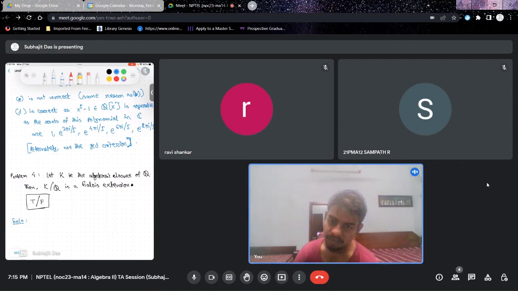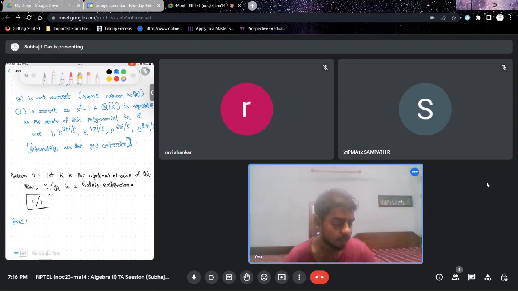Now there are various ways of defining Galois extensions. I'm sure you have seen all of them. One of the ways is to define it as an algebraic, normal and separable extension. Now Q is a field of characteristic 0, which means that it's a perfect field, right? So what do I mean by perfect field? Perfect field means that every algebraic extension of this field should be separable.